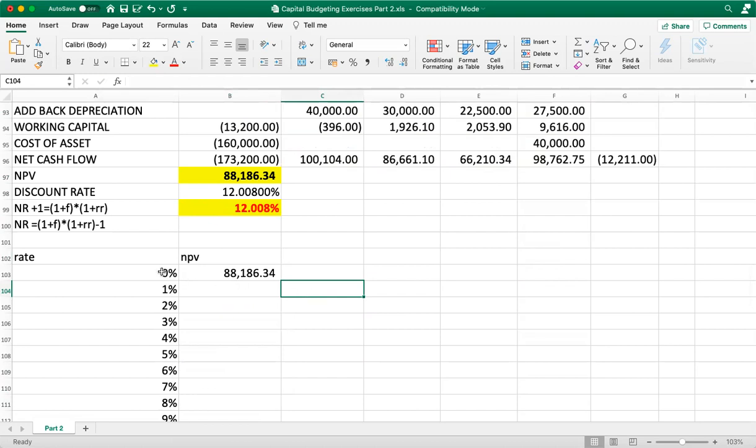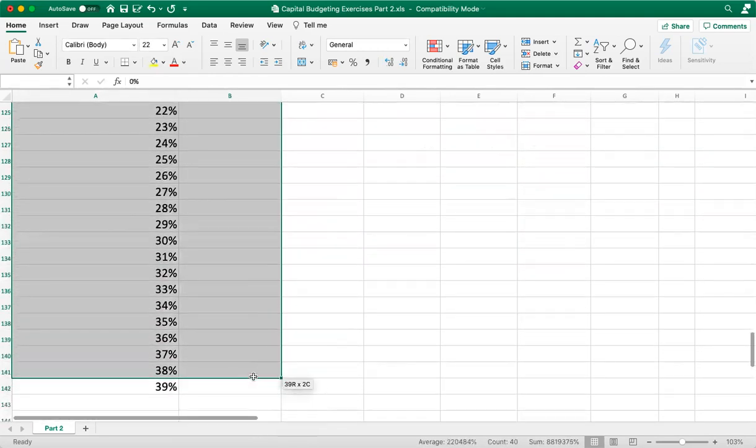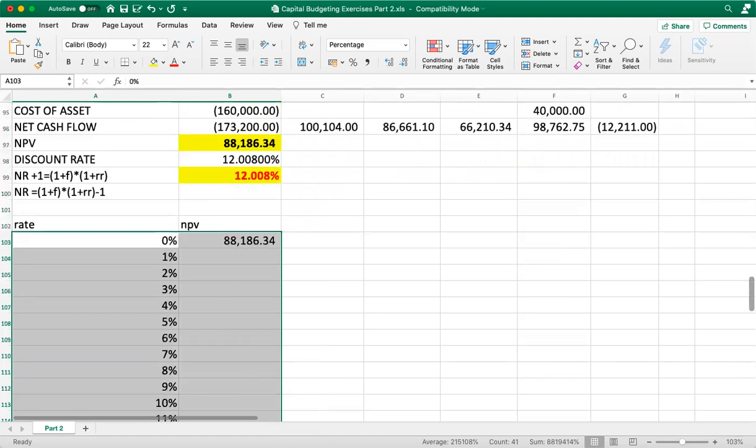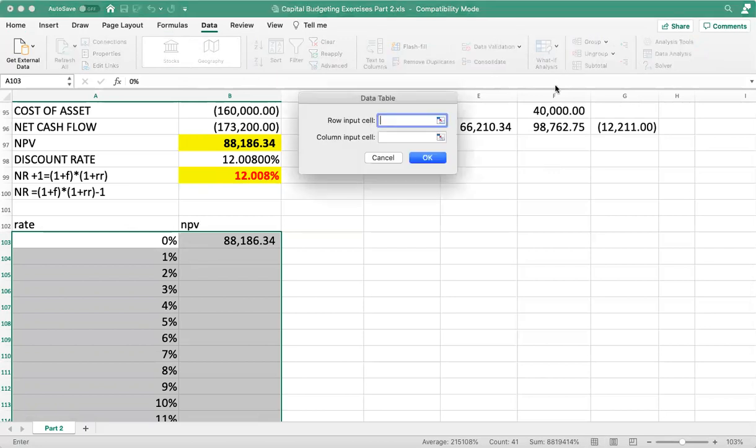Now we want to generate NPVs at these given rates. So what you do is you highlight this up to the end, and then you go to data. So data, go to your right up to what-if, pick data table. And because what you see here is in column A and column B, you put your cursor in column input cell. And what do you want?